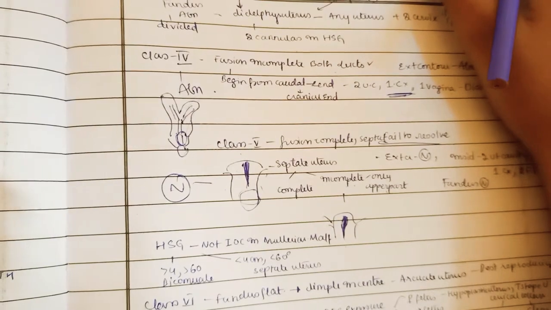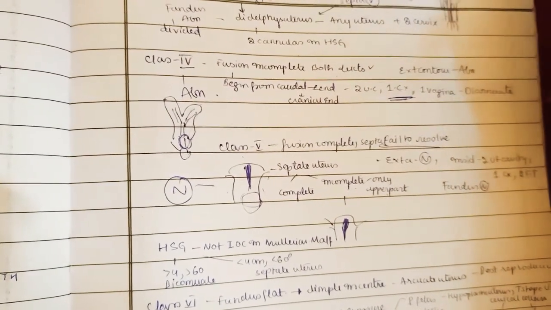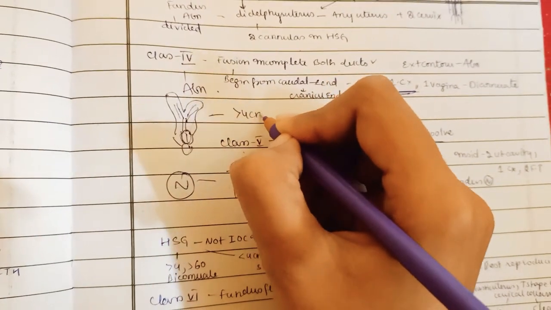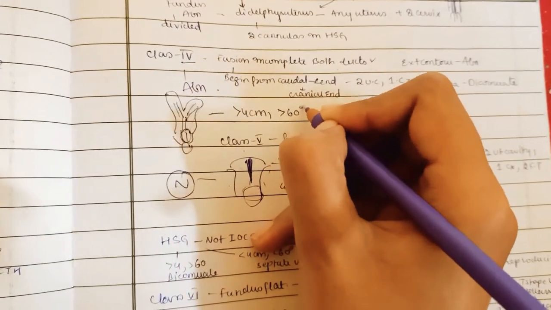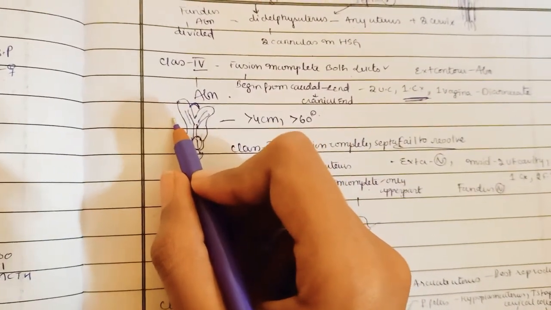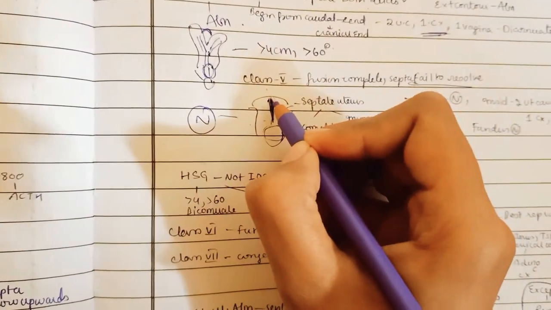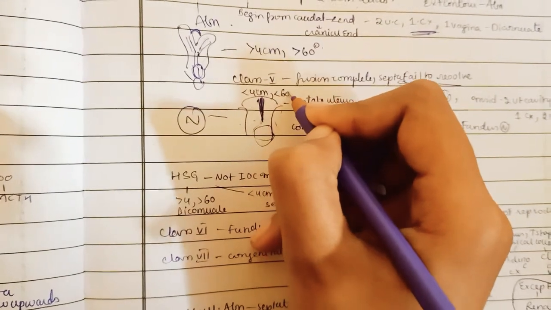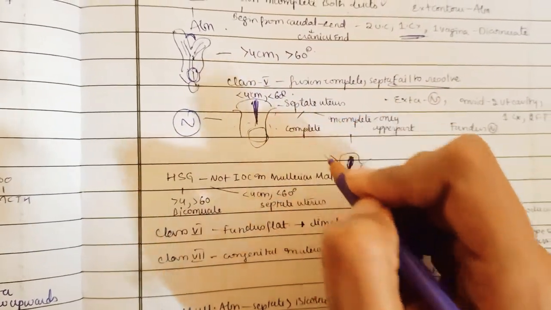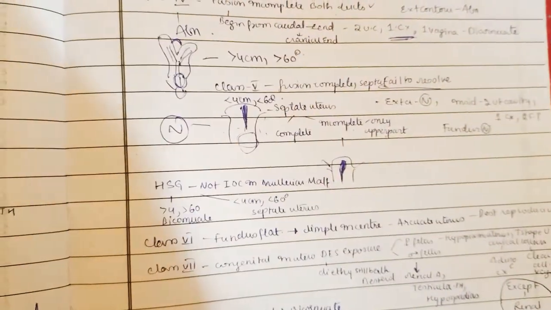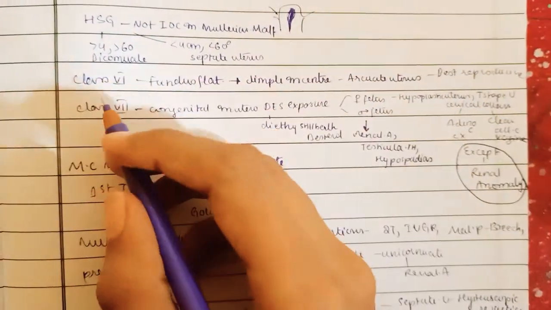If you put the dye, you should see that in a bicornuate uterus the distance is greater than 4 centimeters and the angle is greater than 60 degrees between the two uterine horns. Here, if you see the distance, it is less than 4 centimeters and the angle is also less than 60 degrees, then you can confirm it as a septate uterus, right?